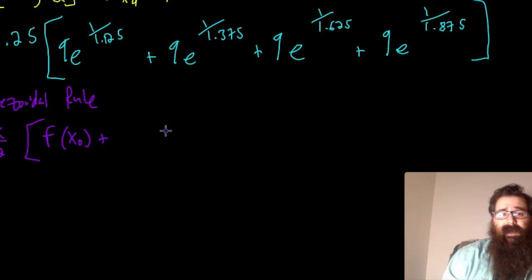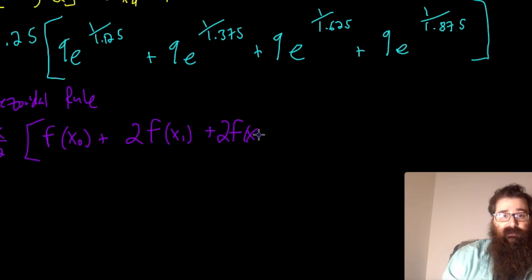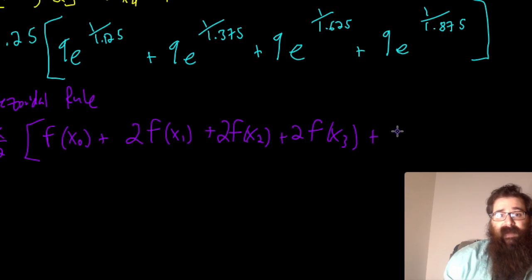And then next, we want to add to this, we do want f at x sub 1, but I want to multiply that by 2. It should have a coefficient of 2. And I want another coefficient of 2 on all the rest of these until I get to the end. So next would be 2 times f at x sub 2. Next would be 2 times f at x sub 3. And then we would get to the very last endpoint, which would be x sub n. And I want to plug that into f. And I want no coefficient, or here we would say a coefficient of 1.